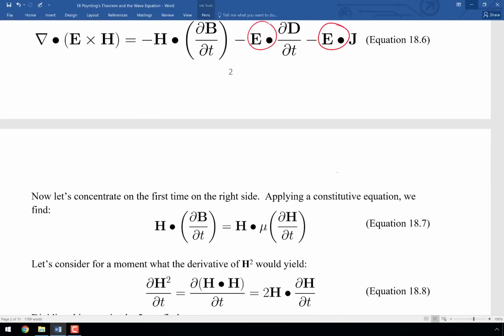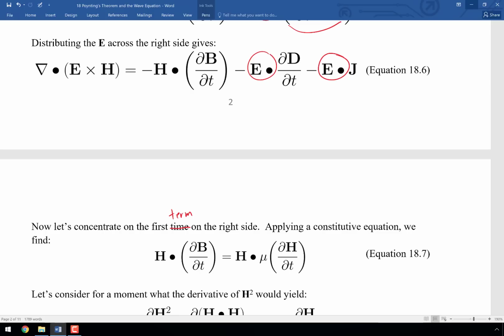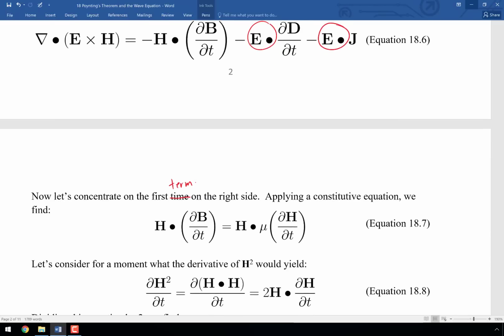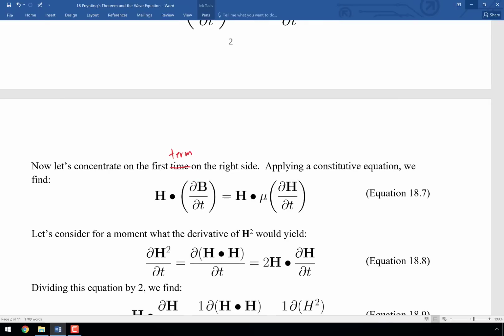Now let's concentrate on the first term on the right side. So the first term on the right side is H dotted with the partial derivative of B with respect to t. Now we know that we can substitute B with mu times H, and that's all that I'm doing here in equation 18.7. So I end up with an expression that is, pull the mu out, that's a constant.